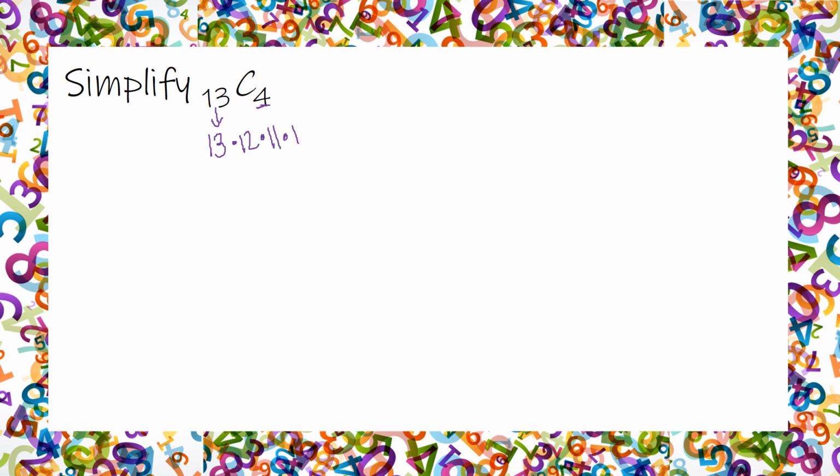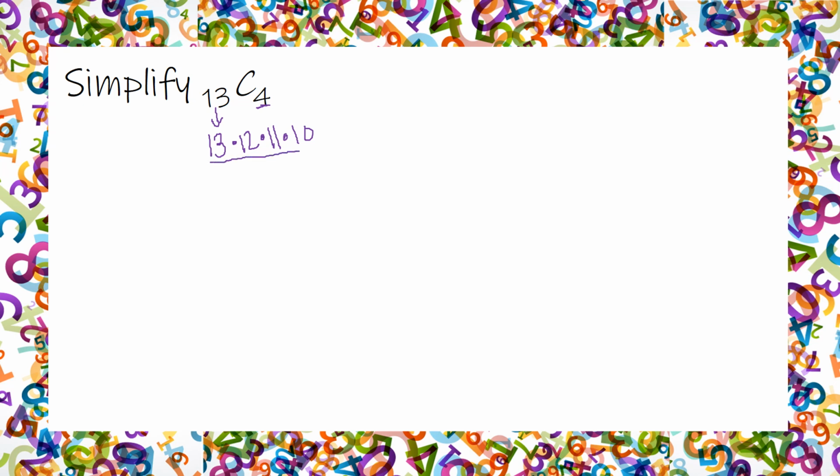So this means if I have 13 different items and I want to make combinations of 4, and order does not matter here, I'm going to say, well, that'll be 13 times 12 times 11 times 10. So however many items I'm going to have in my set, that's 4. Out of the 13, that's how many numbers I count down.